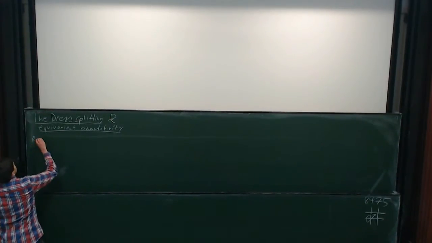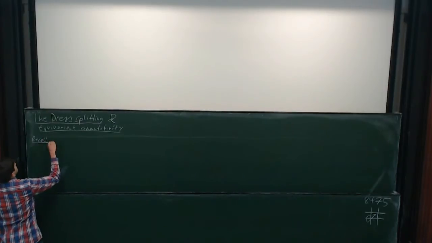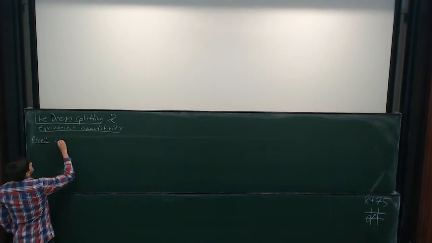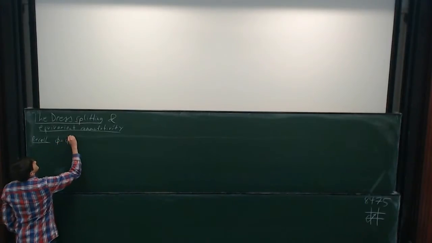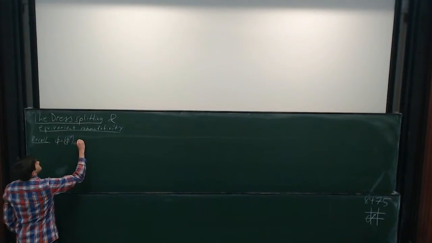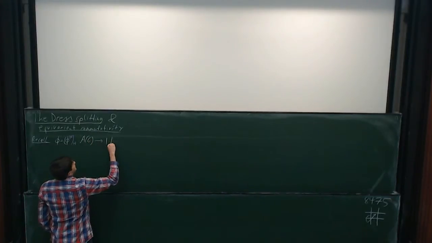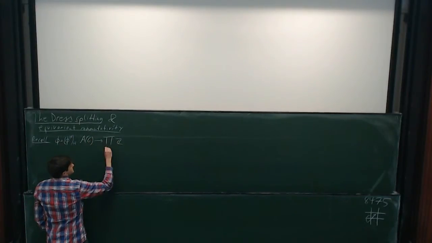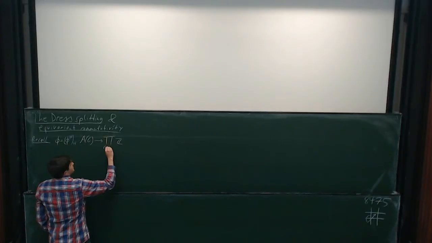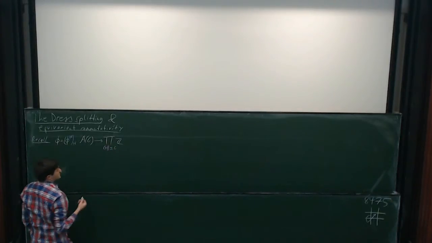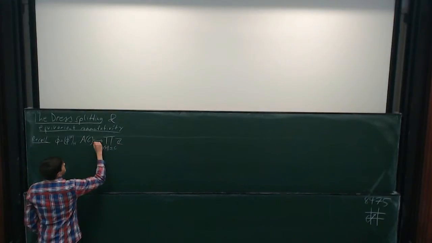Okay, so we've already seen this once or twice in the last couple days, that we have a map, let's call it phi, from the Burnside ring of a finite group G to a product of copies of the integers, where H runs over conjugacy classes of subgroups of G. And we've seen that this is an injective ring homomorphism.